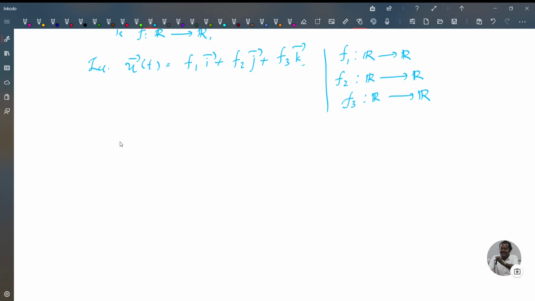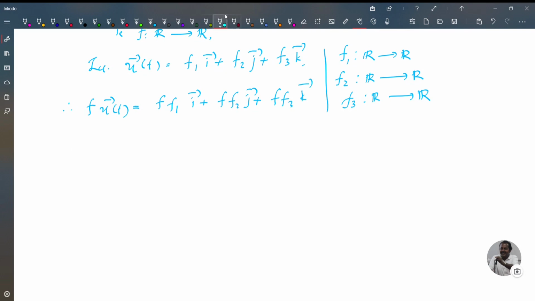Therefore, f u of t equal to f f1 i plus f f2 j plus f f3 k.